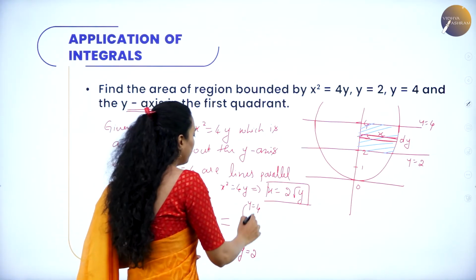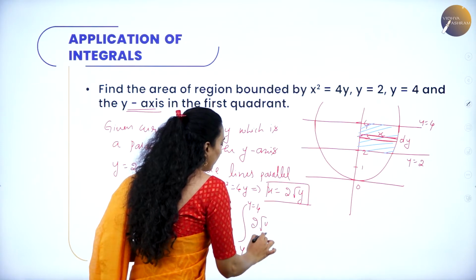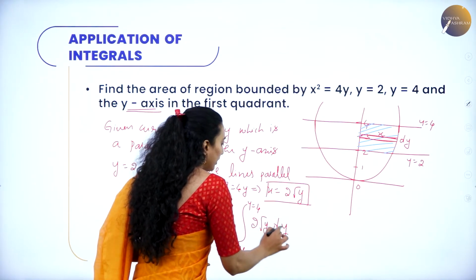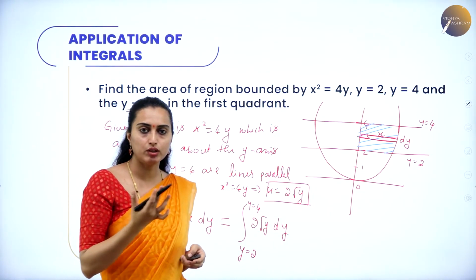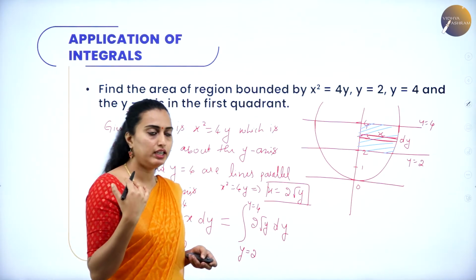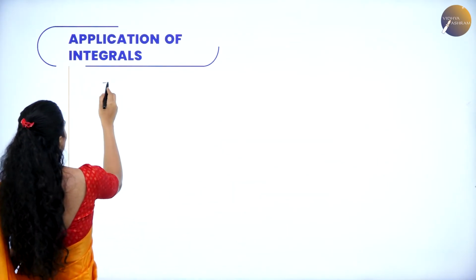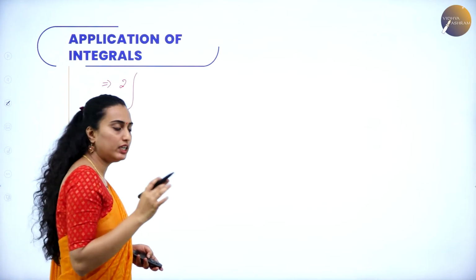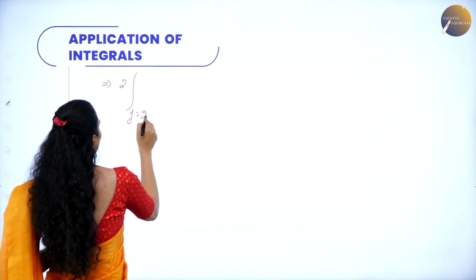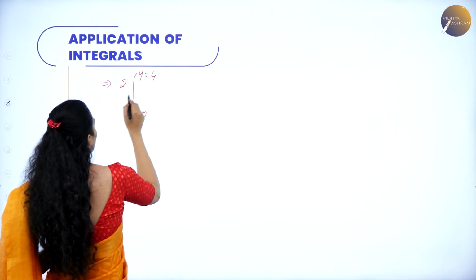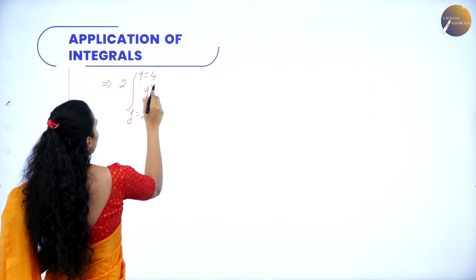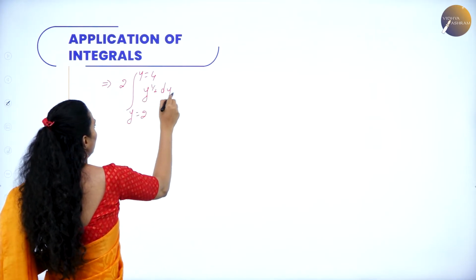So x is nothing but 2 root y into dy. Now dear students, 2 is a constant. You can bring outside the integral, which implies 2 integral y from 2 to 4, under the root y means y to the power of 1 by 2 into dy.